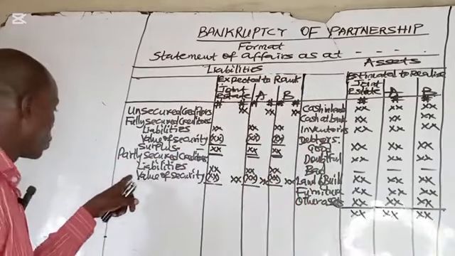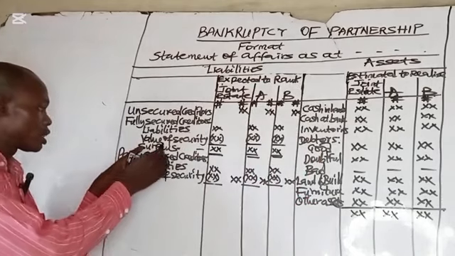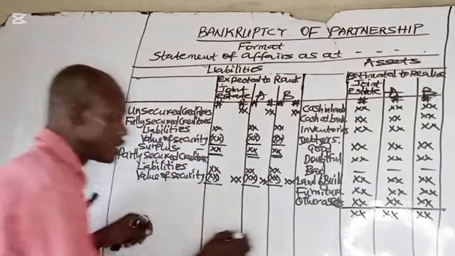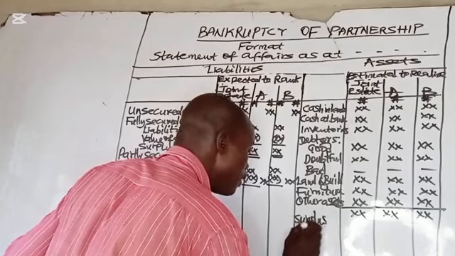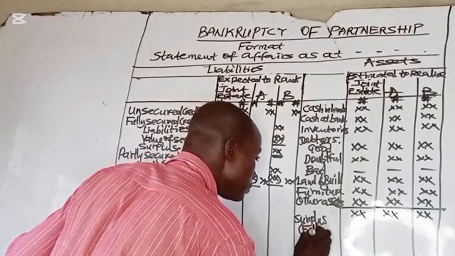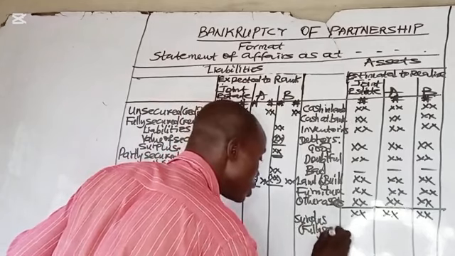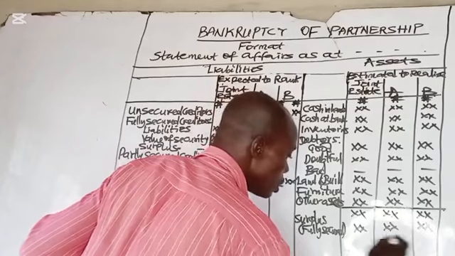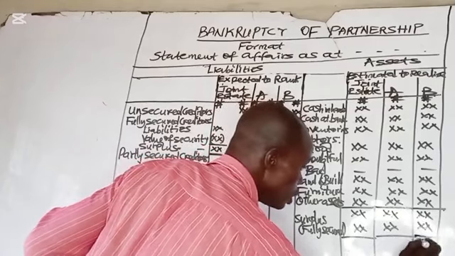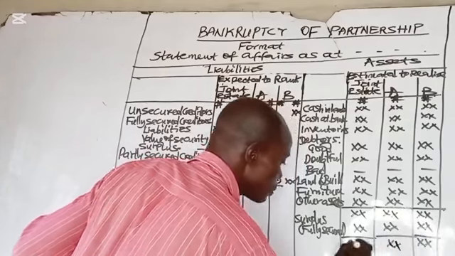You add the surplus you have for fully secured creditors, that is, the surplus in hands of fully secured creditors. You add that surplus. So you have this as the total.